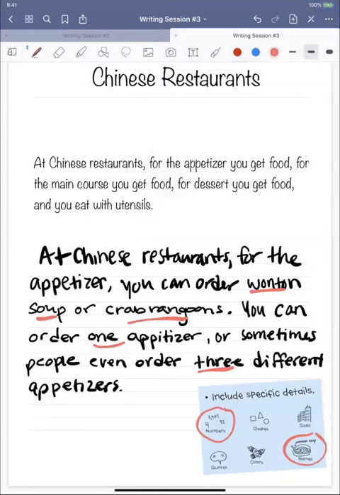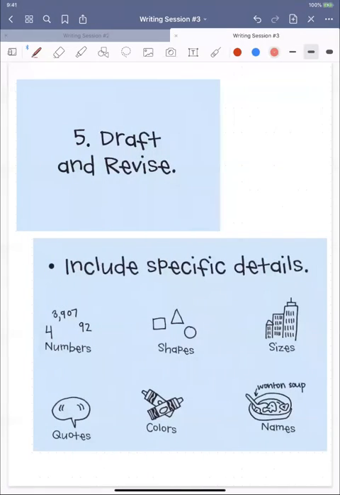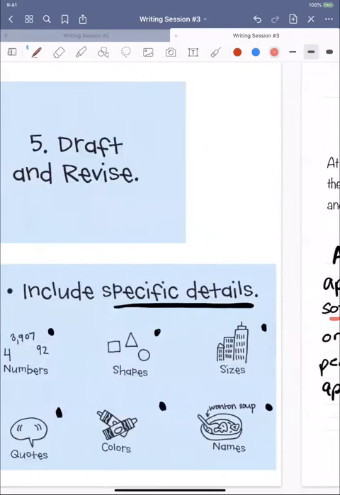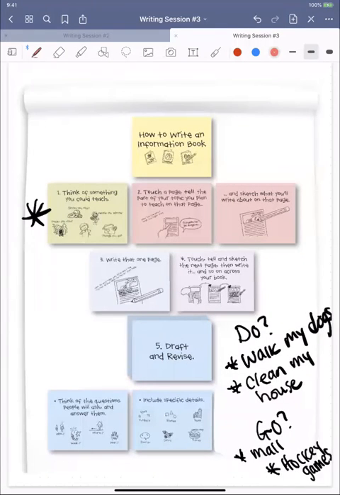So remember, your new book is going to be so much better because it will include specific details, like these things listed on this page: numbers, shapes, sizes, quotes, colors, and exact names. As you go off and write today, be thinking about everything that we've learned so far. And don't forget about our anchor, right? All of these things are things that you need to make sure that you're doing.